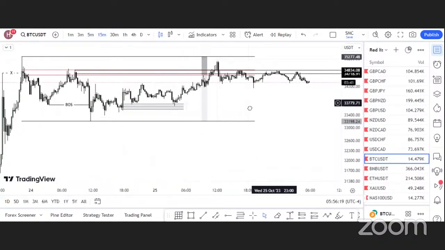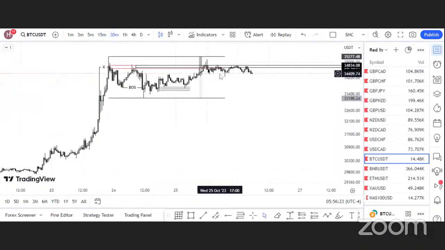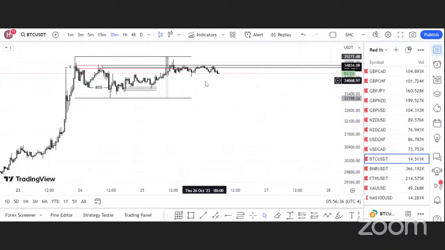This is basically a ranging market on the 15 minutes time frame, and on the higher time frames, the 30-minute time frame. So I think we should stay away from a ranging market. Ranging markets don't have good stories to tell.